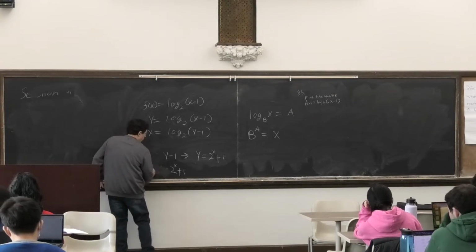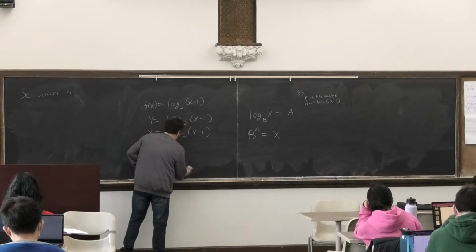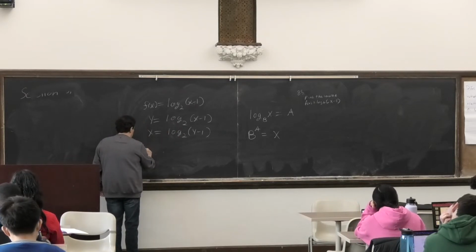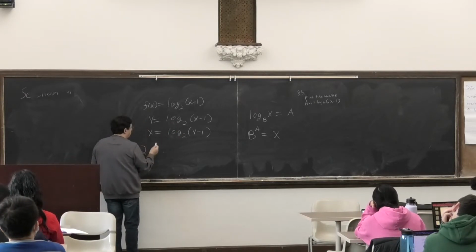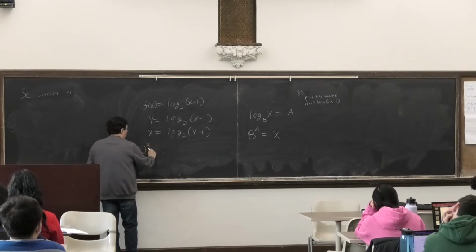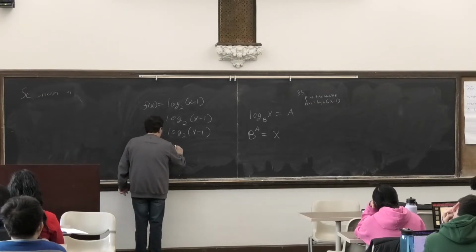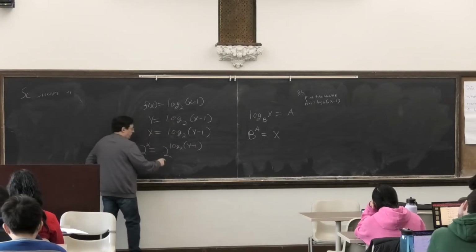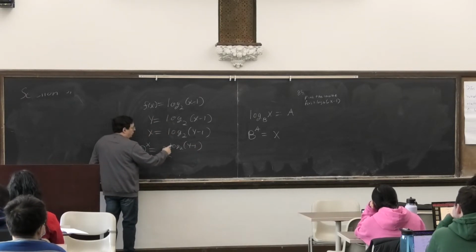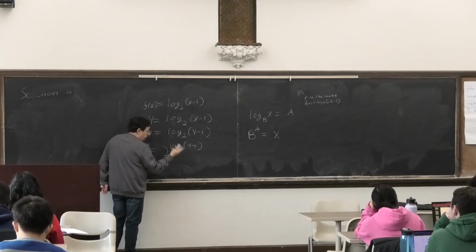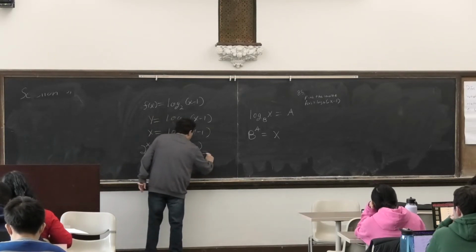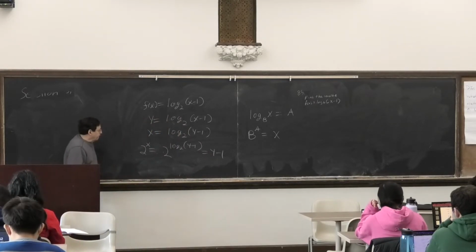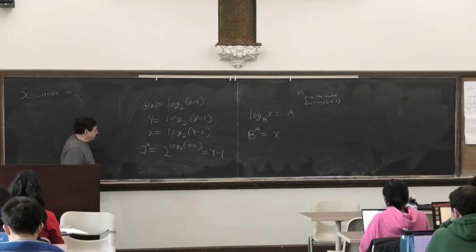You could have an intermediate step where you say, let's raise 2 to everything. 2 to the log to the base 2 of x equals... and recognizing 2 to the x and log to the base 2 are inverses, this just becomes y minus 1. That's one way to handle it.